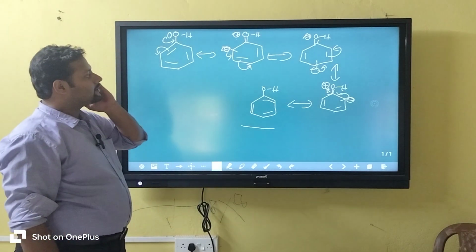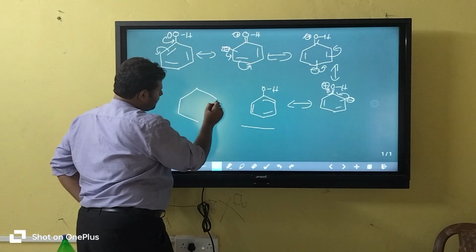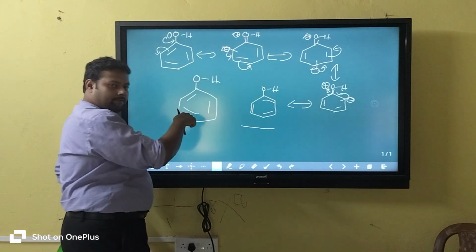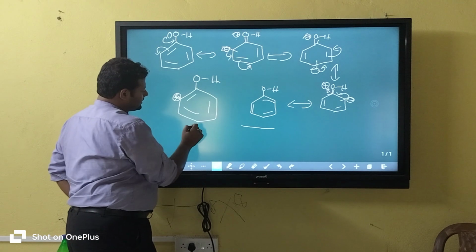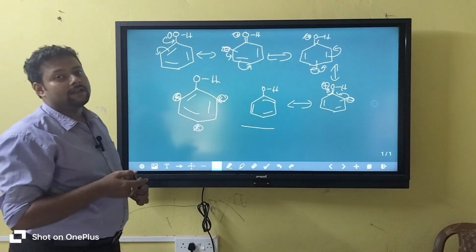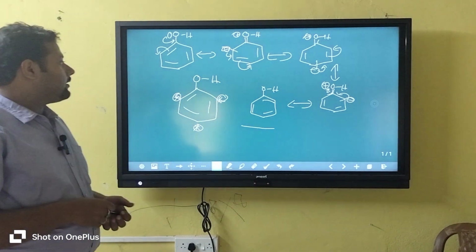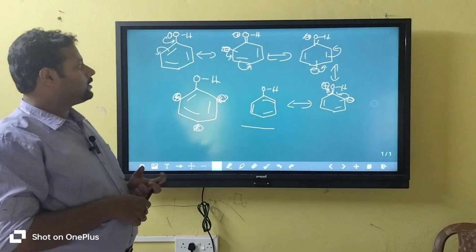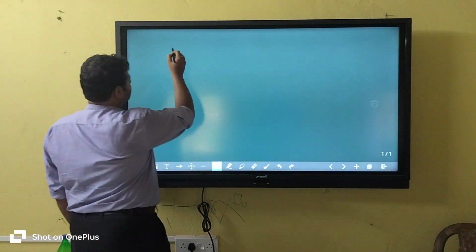So this means that the ortho and para positions of the phenol molecule with respect to the hydroxyl group, namely these three positions, become excessively electron rich, which actually helps in the aromatic electrophilic substitution of phenol. So let's come back to our original mechanism.